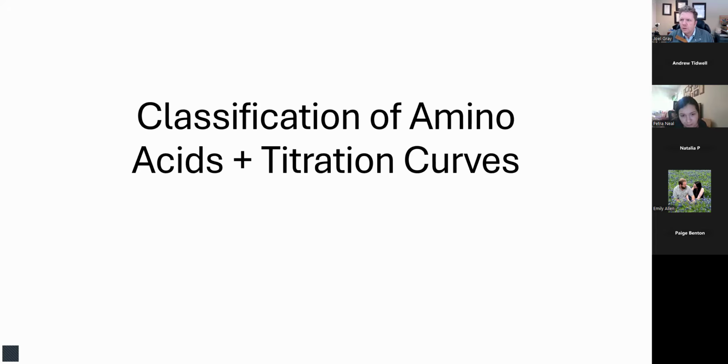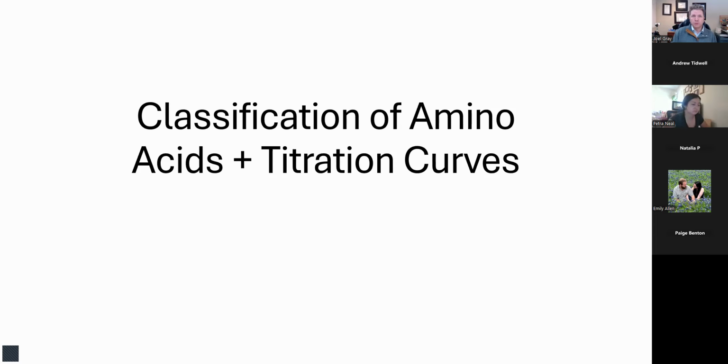If any of you are coming to this class from, say, a nutritional background, you might think about your amino acids in a slightly different way. With a nutritional background, you might think about your proteinogenic amino acids, these same molecules that we're talking about, the ones used to synthesize proteins, as essential or non-essential because you're thinking about them from a dietary standpoint.